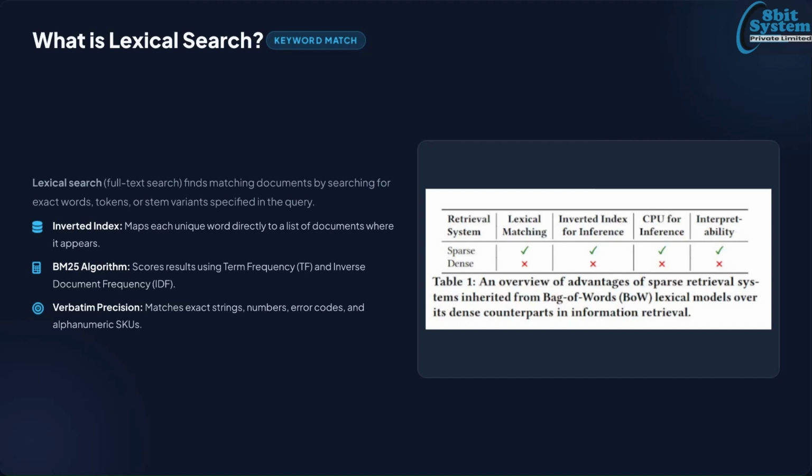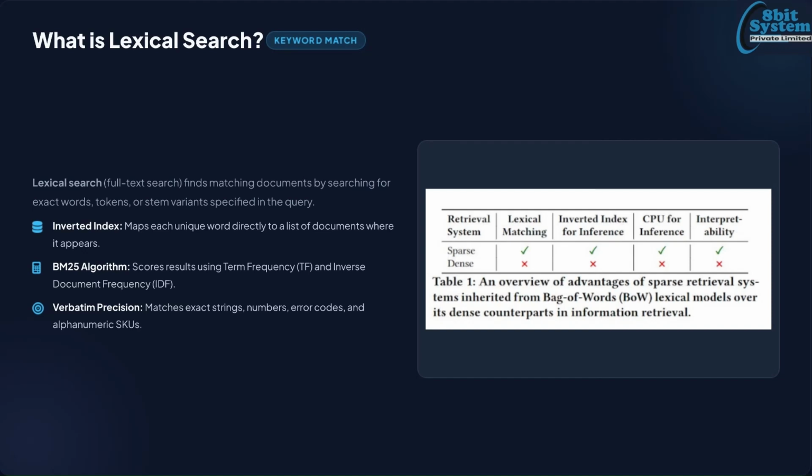Now let's understand the three main concepts that make lexical search work efficiently. The first one is the inverted index. An index creates a mapping between every unique word and the documents in which that word appears. Think about the index page at the end of a textbook. If you want to study a particular topic, you don't read the entire book, but you simply look at the index, find the topic, and it tells you exactly which page contains the information.